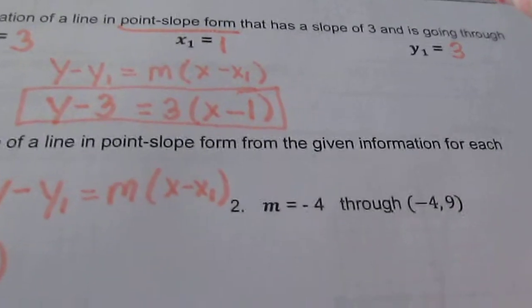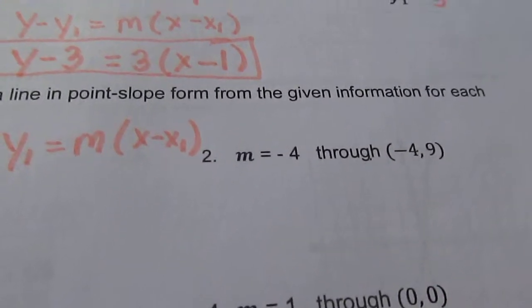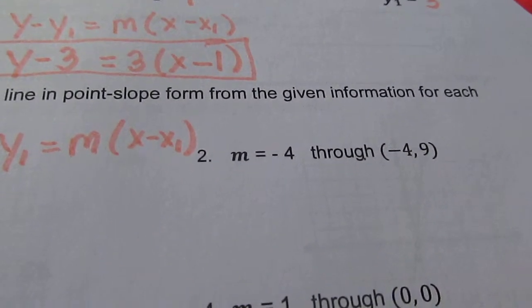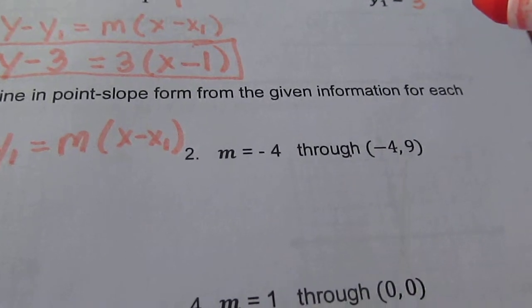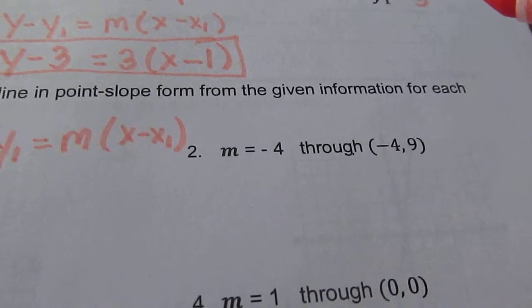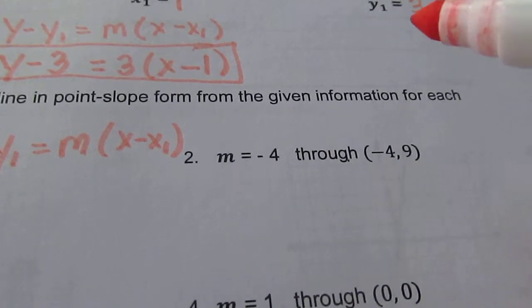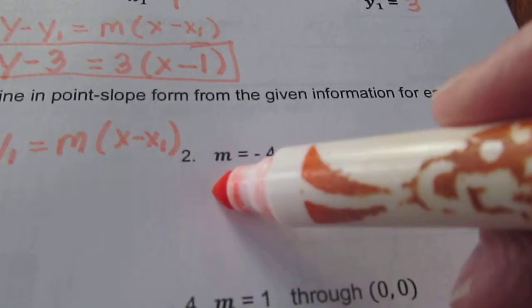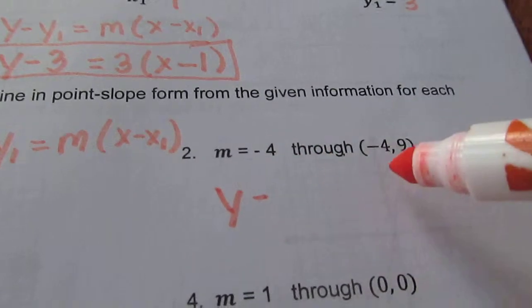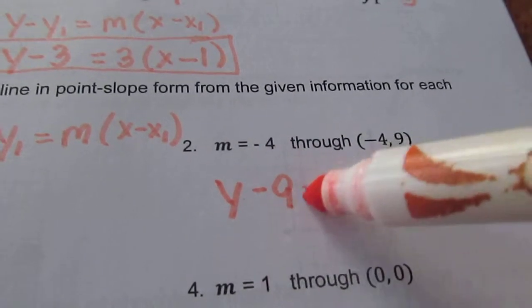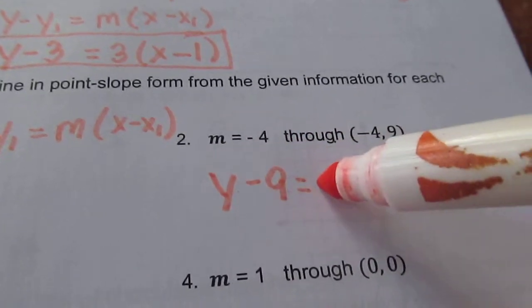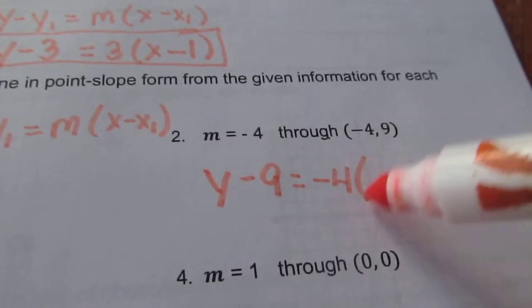I'm going to let you try the next one first. Okay, let's see. Y minus, I'm going to use the number 9 because that's my y1 value, equals the slope. This time it's negative. It must be a line going down.